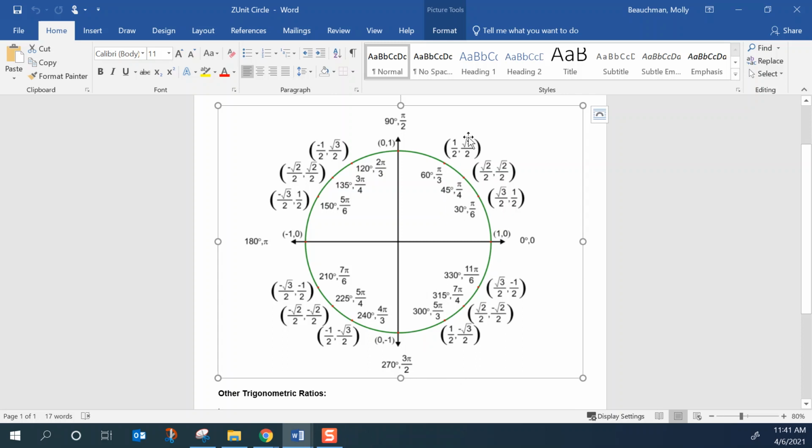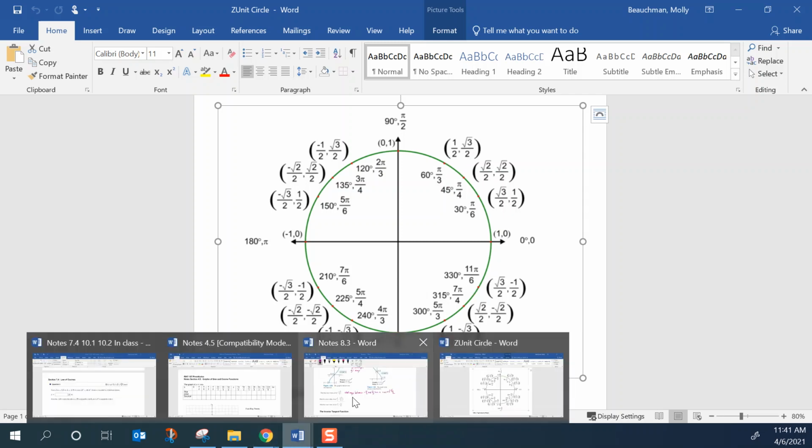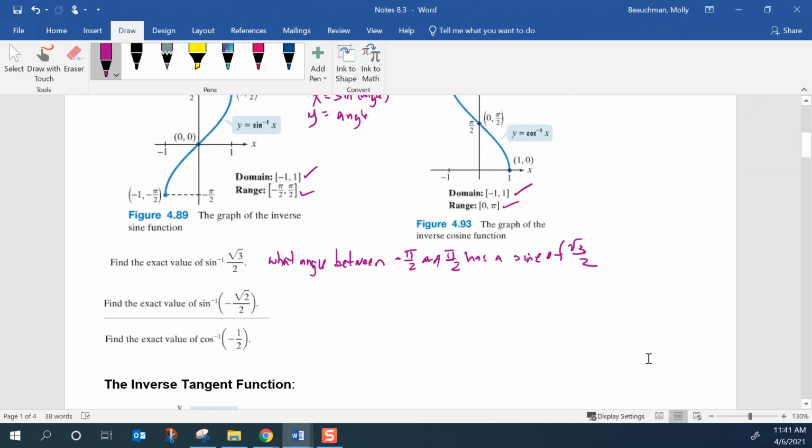Remember that square root of 3 over 2 is the y-coordinate. At pi over 3, the y-coordinate is the square root of 3 over 2. So the inverse sine of square root of 3 over 2 is equal to pi over 3.